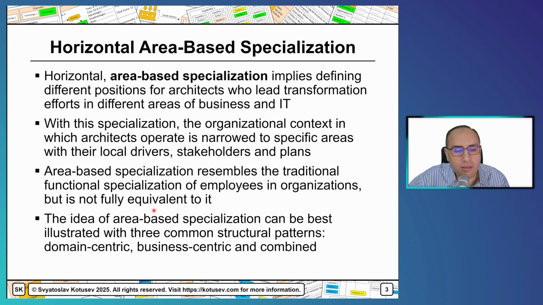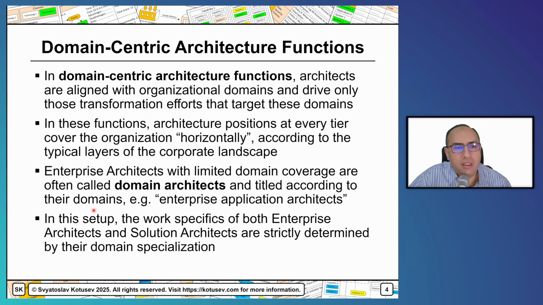The idea of area-based specialization can be best illustrated with three common structure patterns: domain-centric, business-centric, and combined. In domain-centric architecture functions, architects are aligned with the organization's domains and drive only those transformation efforts that target these domains. In these functions, architect positions at every tier cover the organization horizontally according to the typical layers of the corporate landscape. Enterprise architects with limited domain coverage are often called domain architects, so they are very specialized in a very specific domain.